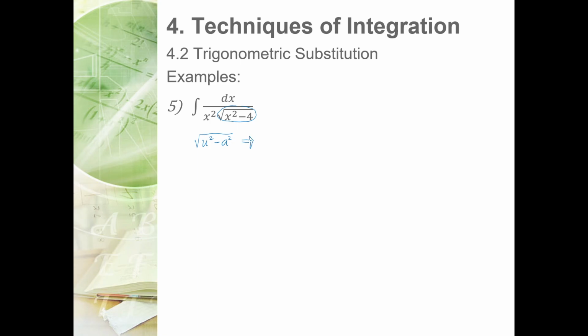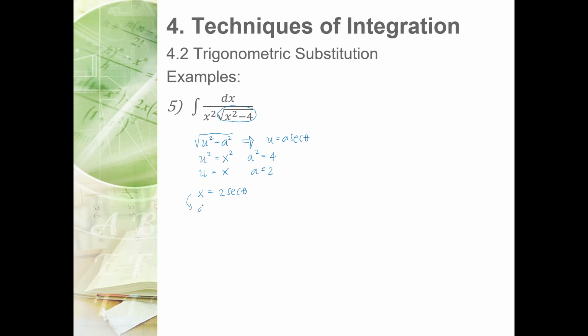So this formula would give us u equals a secant theta. So u squared is just x squared, a squared is 4, and then u is equal to x, a is 2. So utilizing the formula now, we have 2x equals 2 secant theta.